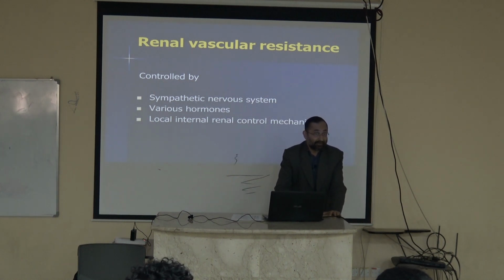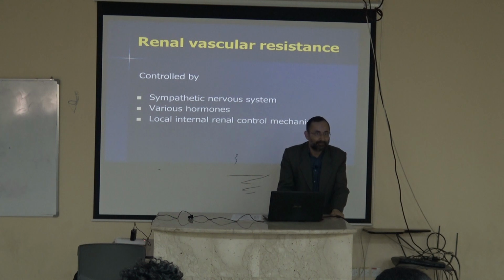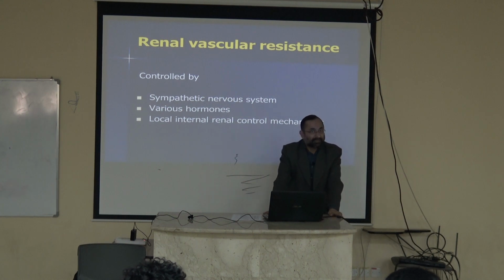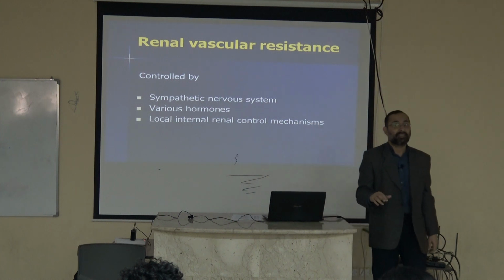The renal vascular resistance is definitely controlled by some factors. You know the small arteries or vessels are supplied by the sympathetic nerves also. Do you remember? So definitely the sympathetic system is controlling. This is one thing. Some local hormones or general vasoconstrictor hormones will also affect which regions of the kidney significantly?